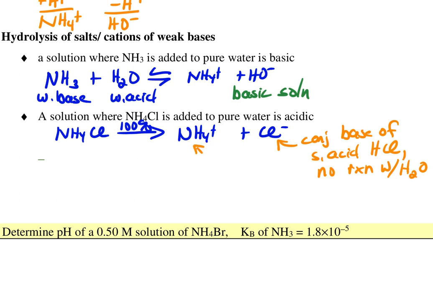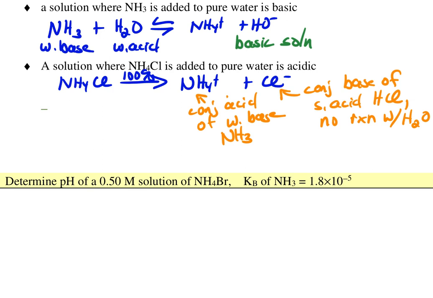And our ammonium ion is the conjugate acid of the weak base NH3. So the conjugate acid of a weak base is going to react with water. We need to write the hydrolysis reaction of ammonium ion with water.